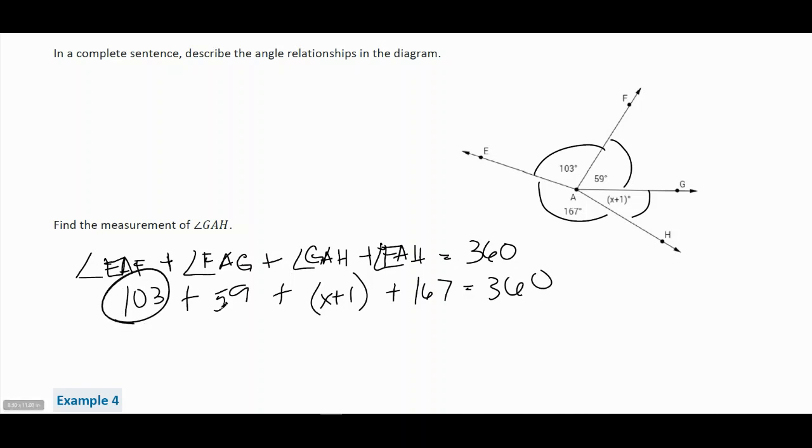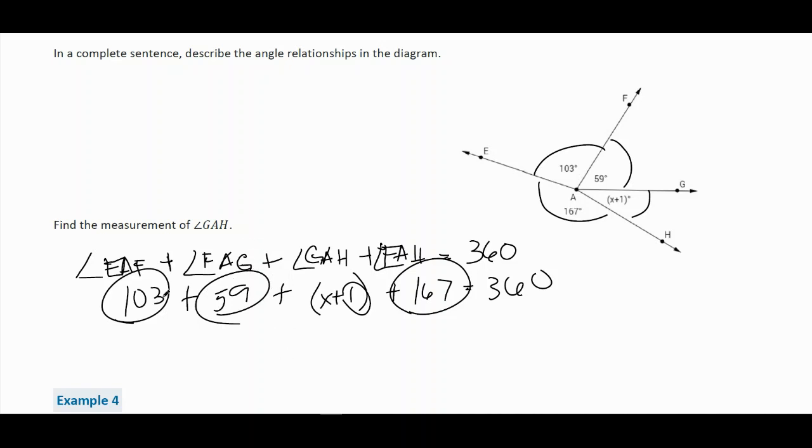So adding these numbers here, that is 103 plus 59 plus 167. Oh, by the way, do not forget to also add, of course, the 1. Even though there is a parenthesis here, it's just going to be a separator.